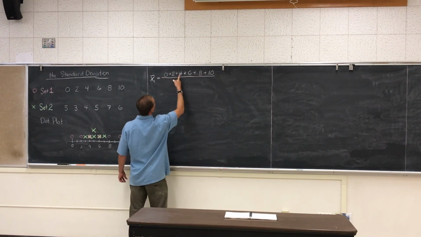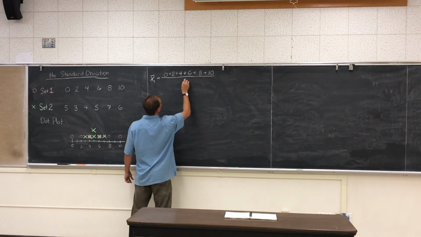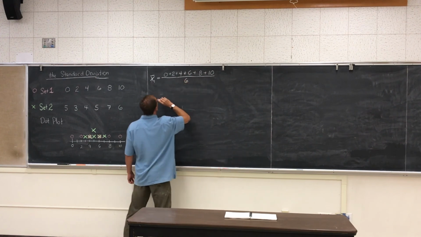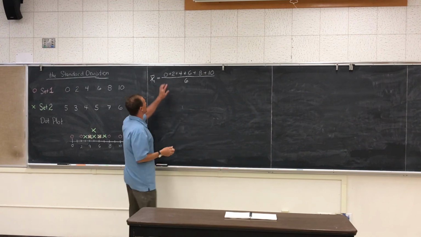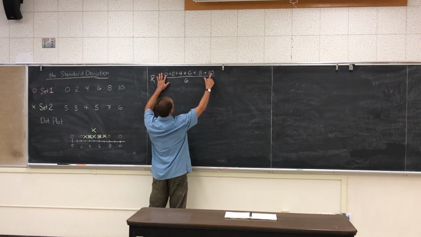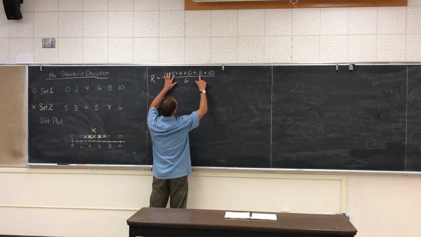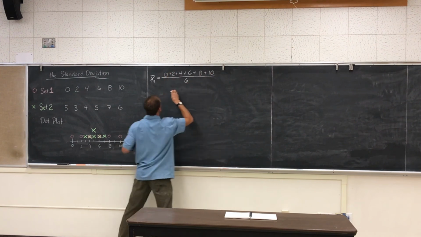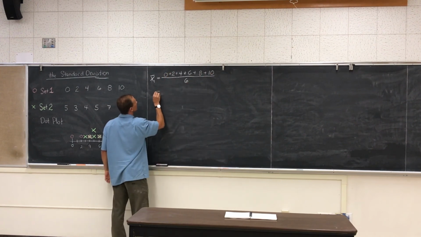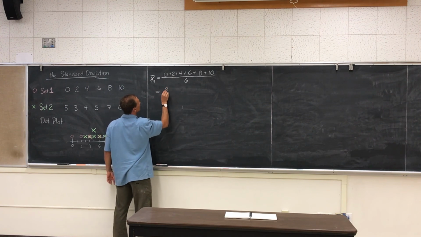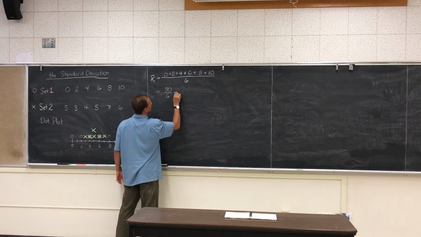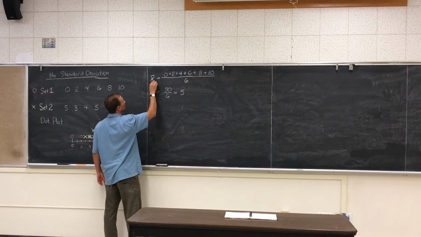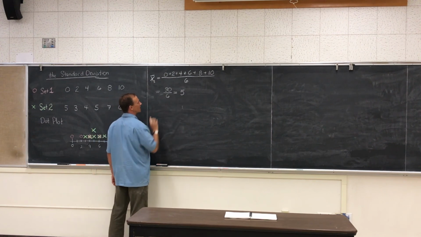I have 1, 2, 3, 4, 5, 6 data. This is kind of a fun one to add up, because notice I have 10s. There's a 10 plus 10 more plus 10 more. That's 30. So let's write this as 30. Divide that by 6, we can see that the mean for data set 1 is 5.